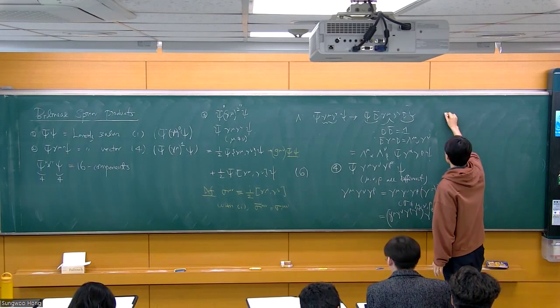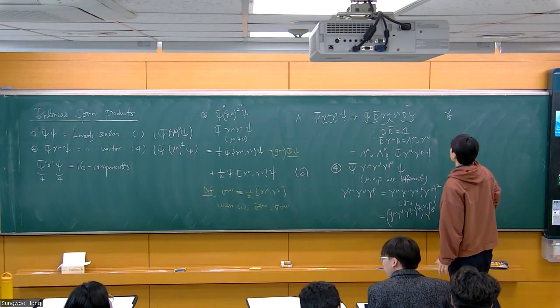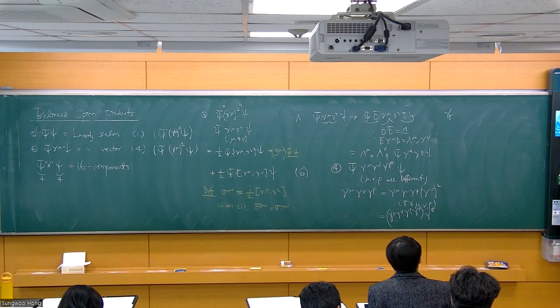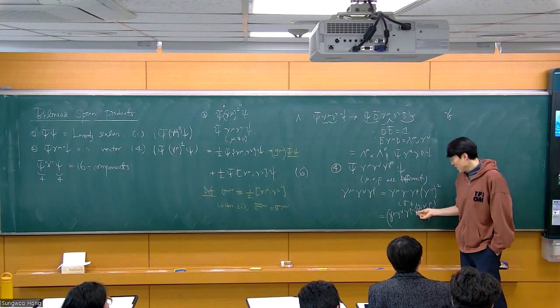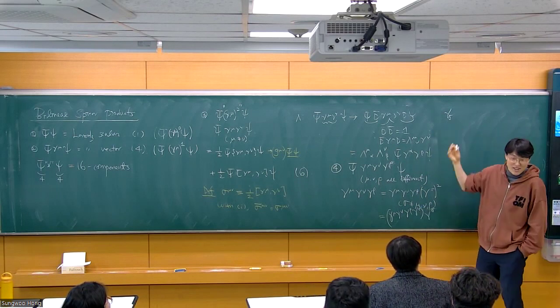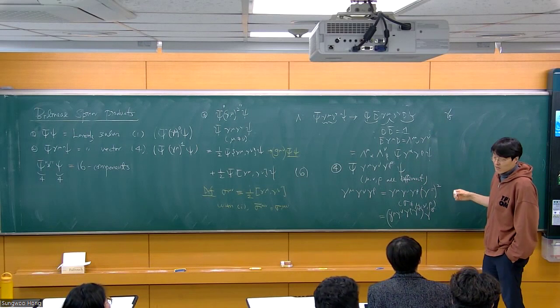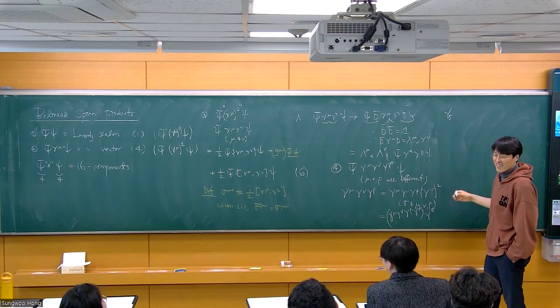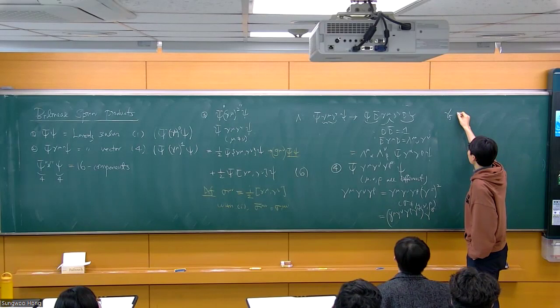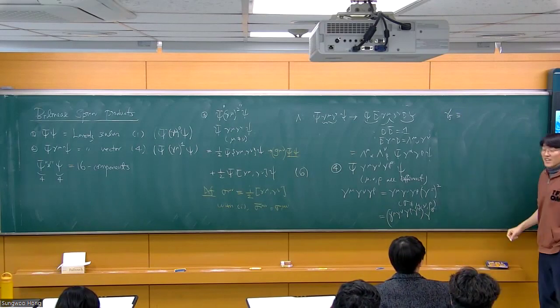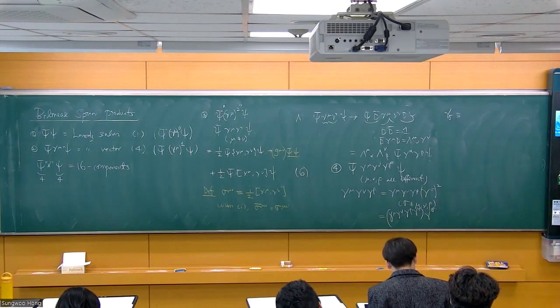So that motivates me to define one of the objects called gamma 5, because I use 0, 1, 2, 3. You might say, oh, not 4. Okay, this 5 is cool. So let's define gamma 5, because gamma 4 is not good.